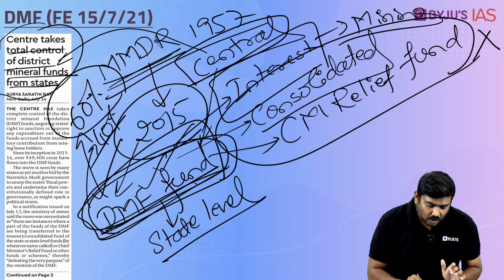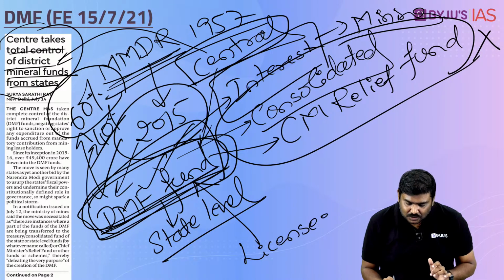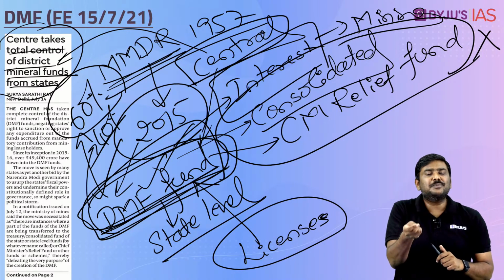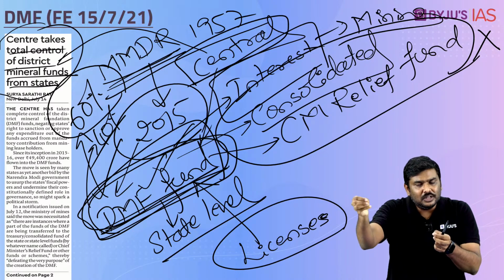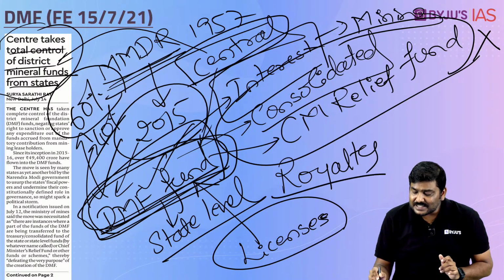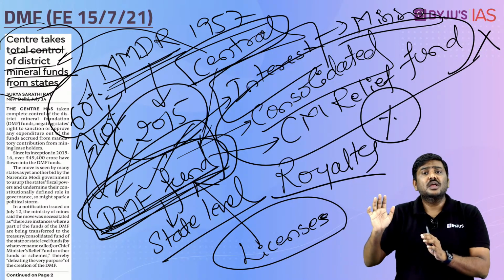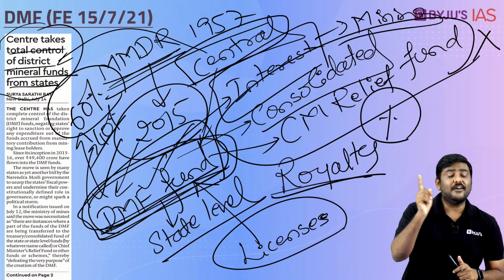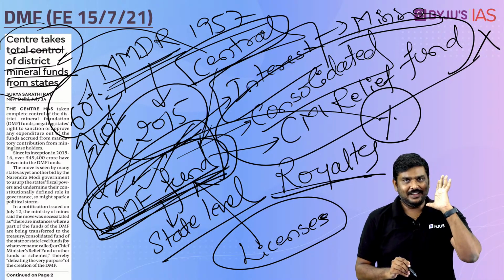It is contributed by the licensees. That is, those companies which have been given the license to mine within these districts will have to pay certain money to the government in the form of royalty. And as a percentage of royalty, remember this, royalties have to be paid anyway, these mining companies will also have to contribute to the District Mineral Foundation Fund, right?